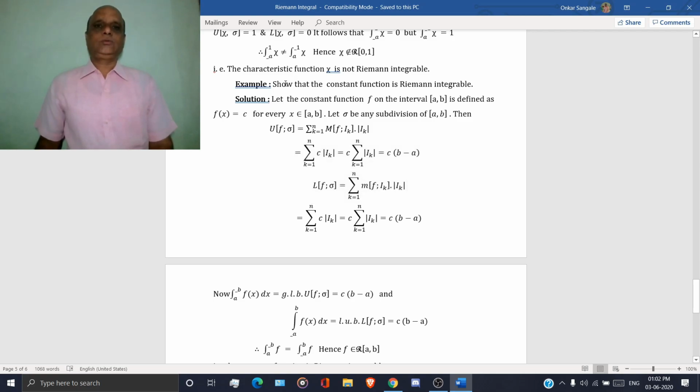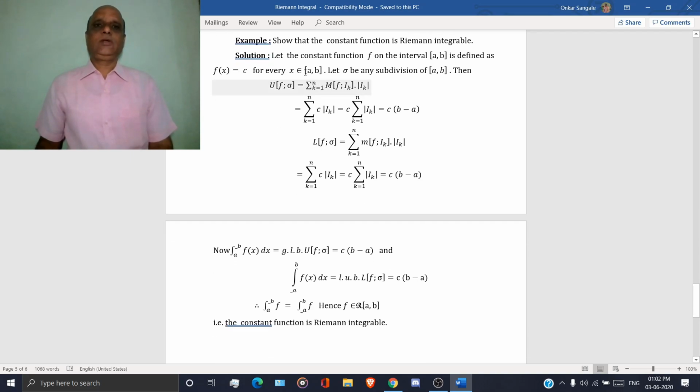The example is: show that the constant function is Riemann integrable. We will solve this. Let the constant function f on the closed interval [a, b] be defined as f of x equal to c for every x belonging to [a, b], where c is a constant. Let sigma be any subdivision of the closed interval [a, b].